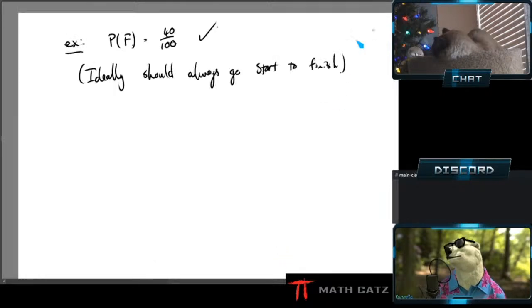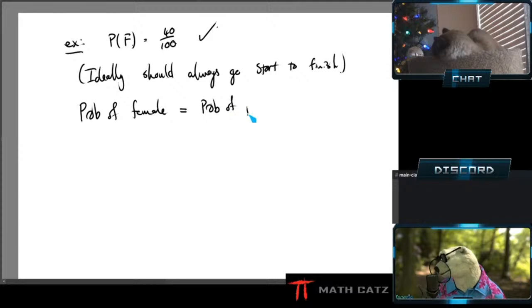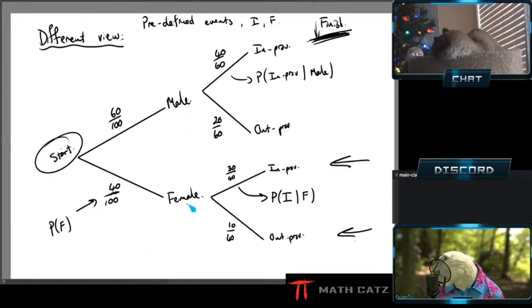So technically, I'll say it like this: the probability of female, I'll do it informally, is equal to the probability of path 3 plus the probability of path 4. If I stop halfway, in some cases, it's going to be risky. I should go start to finish.